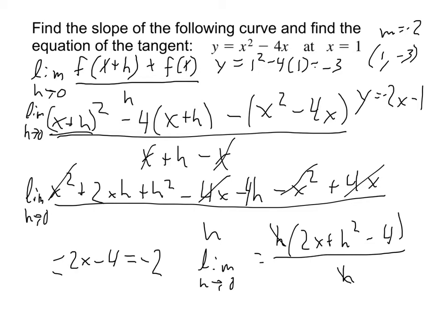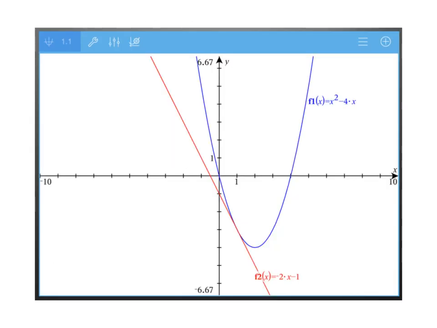To get that, I just go negative 3, so that's my y value, equals m, negative 2 times x, which is 1, plus b. Okay, so then I add that 2 over, leaving me b equals negative 1. So there's the equation of the line tangent to this curve. Here's the graph of that.